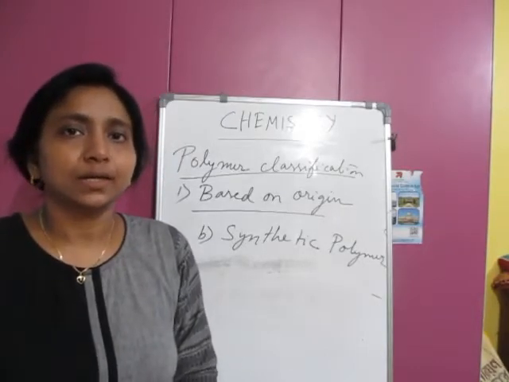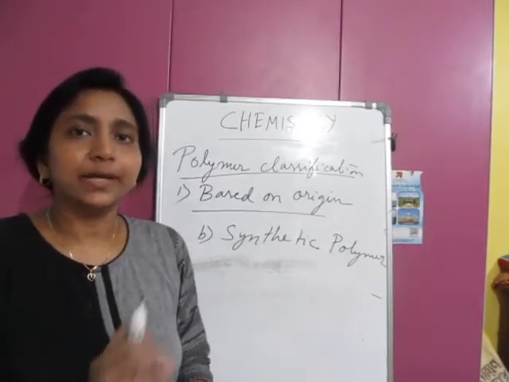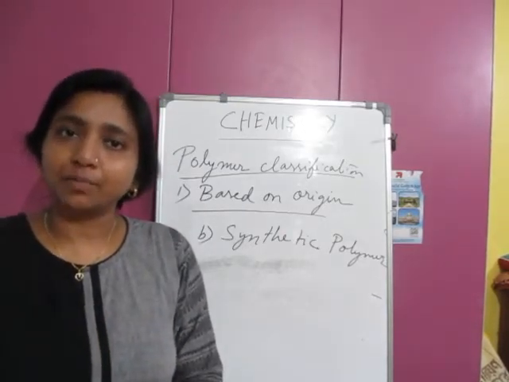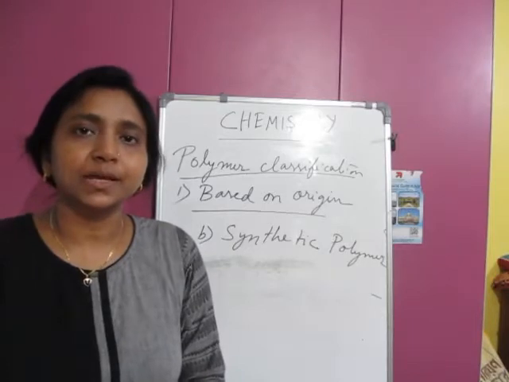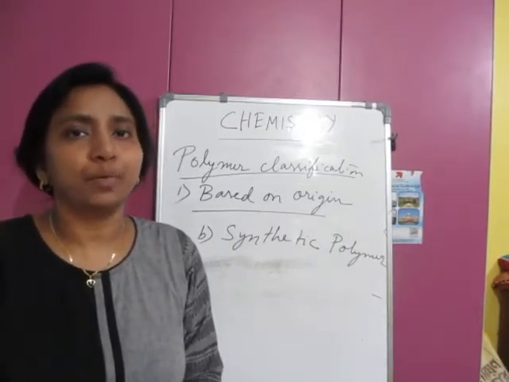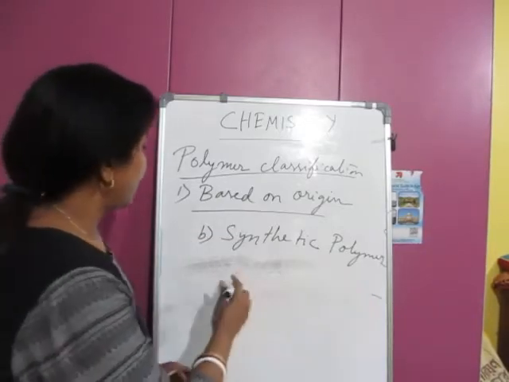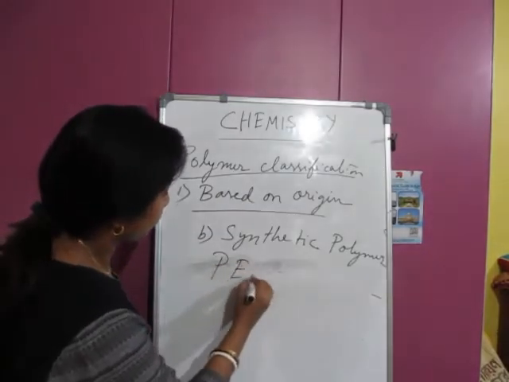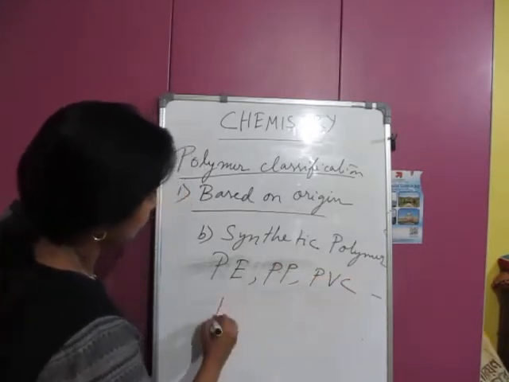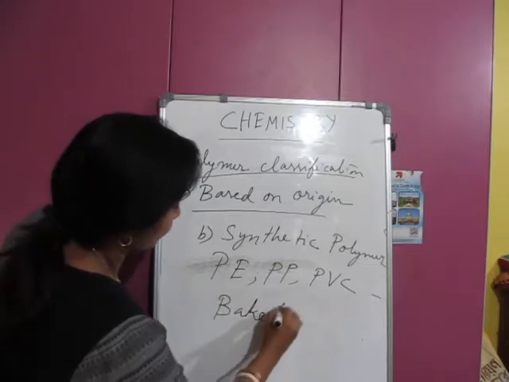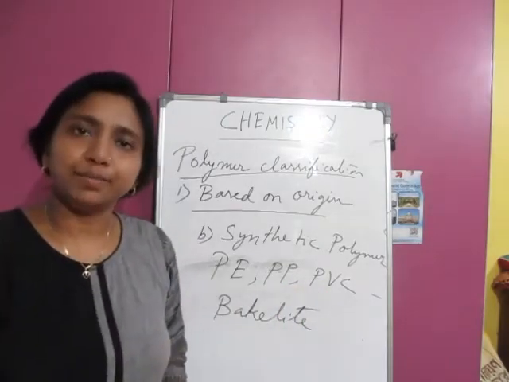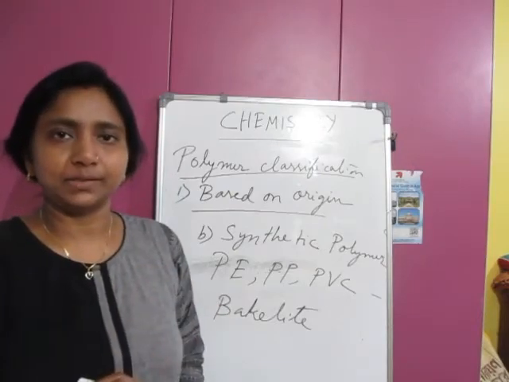All these are called synthetic polymers. Why do we prefer synthetic polymers for commercial purposes? Because we can customize the properties of polymers. So these are the examples of synthetic polymers.